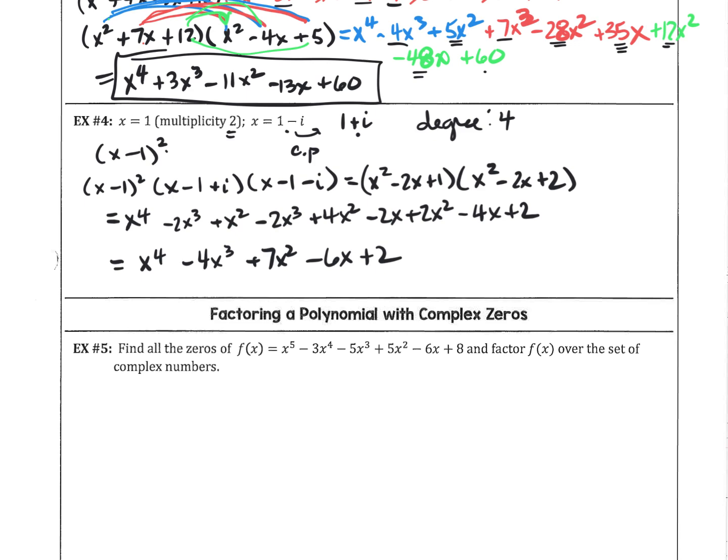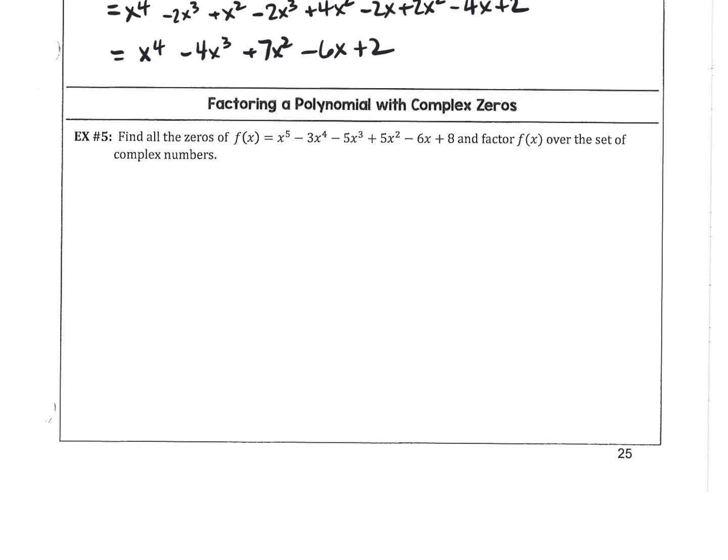2. All right, so now how do we factor if we have complex zeros? This is going to piggyback on what we did last time. So we're going to do our p's and q's. So our p's come from 8, so that's plus or minus 1, plus or minus 2, plus or minus 4, and plus or minus 8. Q's, thank goodness, are just plus or minus 1.